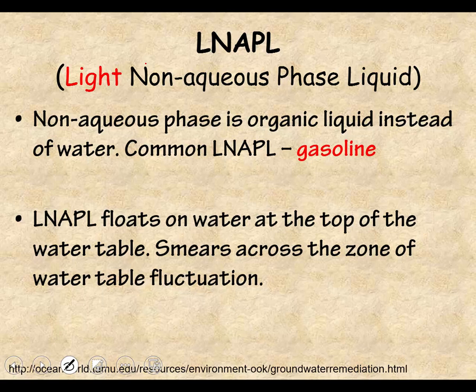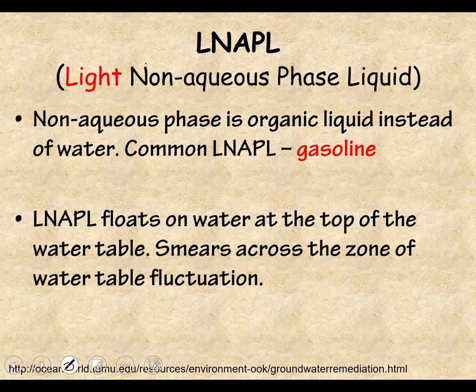So gasoline would be a type of pollutant that floats on top of the water, and it also floats on top of the water table. Okay. And when the water table fluctuates up and down, you take that gasoline and you smear it onto the particles that are within the vadose zone.